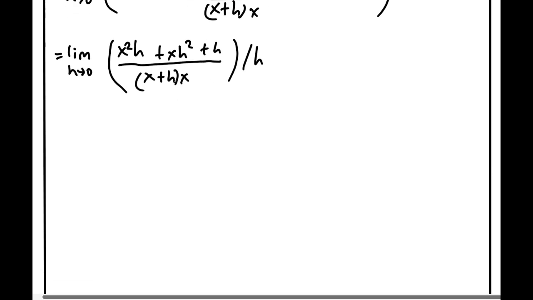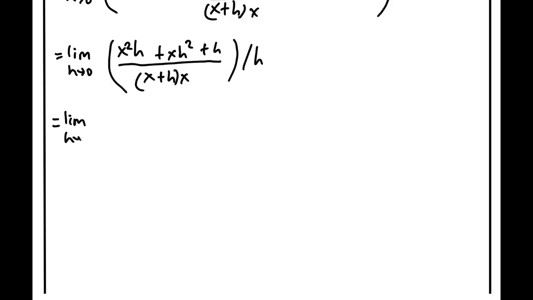Now we simplify this divided by h. So this becomes limit h approaches 0, x squared h plus x h squared plus h over x plus h and x.